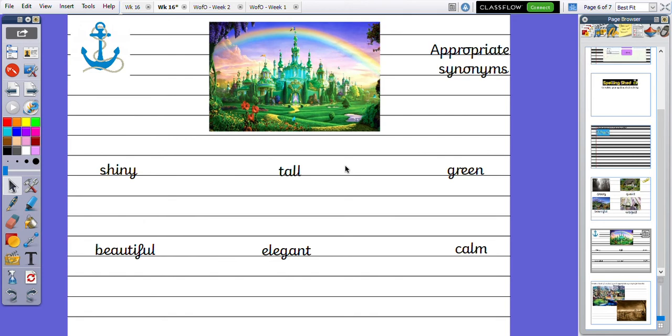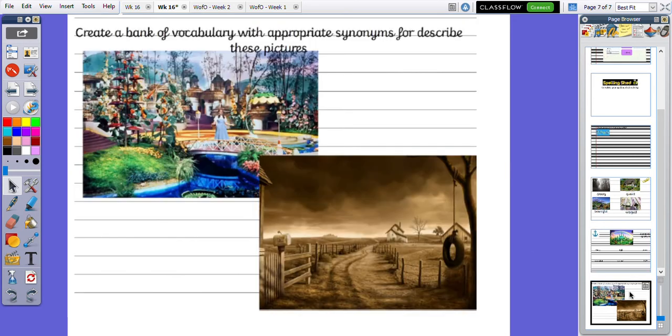Okay? And then the next task is this one. I have not given you any words to start off with. I want you to create a bank of vocabulary with appropriate synonyms to describe these pictures. So this first one shows us when Dorothy first arrives in Munchkinland, when a house first arrives and she steps out of the door.